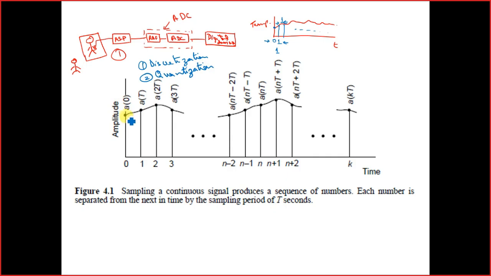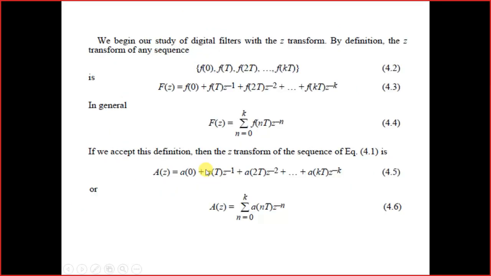So the signal now looks something like this: A0, A of T, A of 2T, A of 3T, where T is the sampling time period. In this fashion it goes and ends at time k. Now when we do this, what do we get?